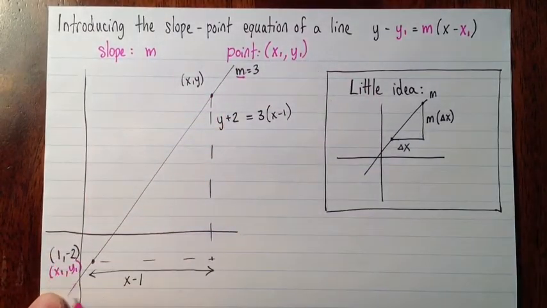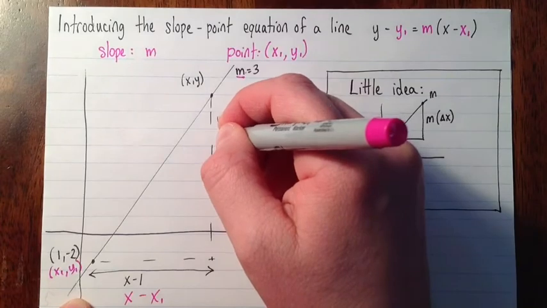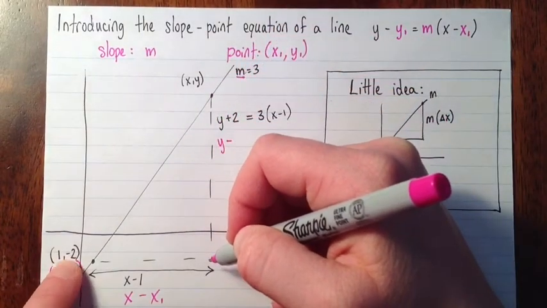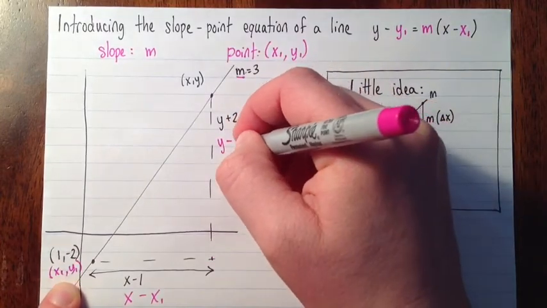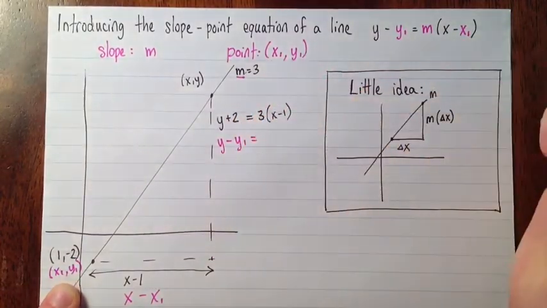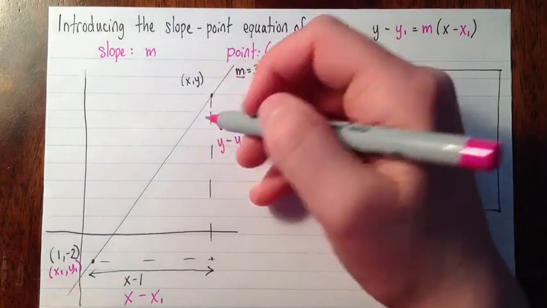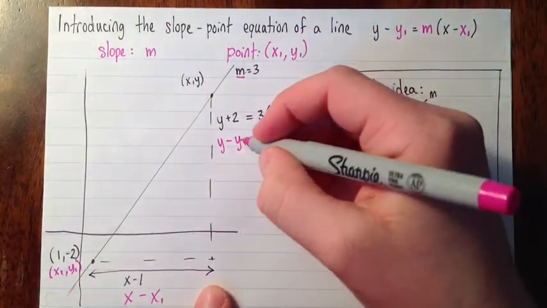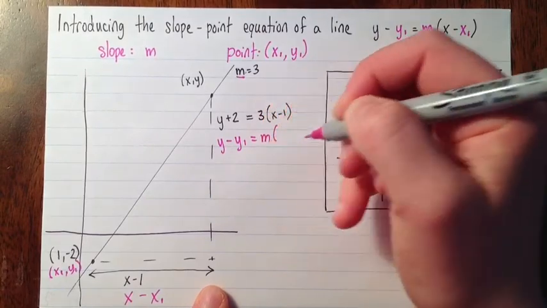It'll just be whatever that x value is. So x subtract x1. And then this is y subtract, before we had y subtract negative 2, but now we have y subtract y1, for the more general case. And using the little idea of it being m times as big as the width, it's m times as big as the width.